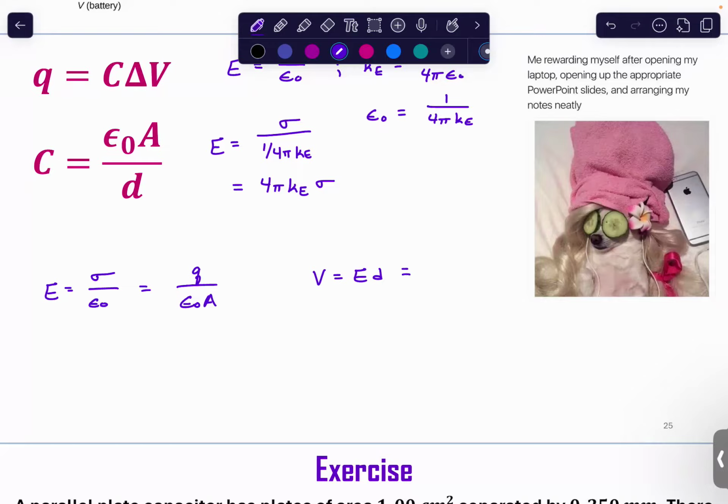We can put in our electric field, so it's going to be Qd over epsilon 0 A. Well, your voltage is your electric field multiplied by the distance, the separation of the two plates.